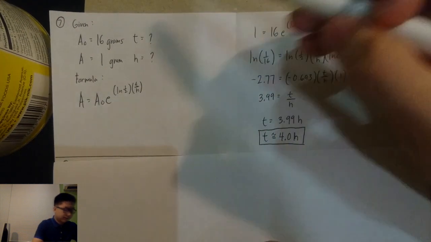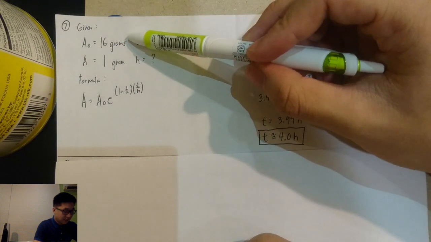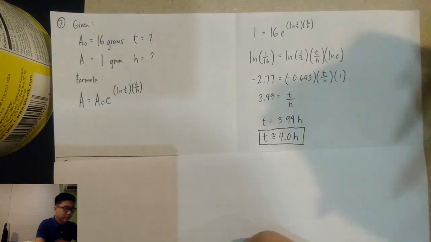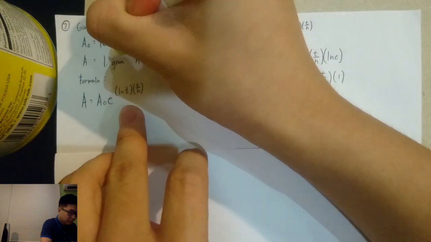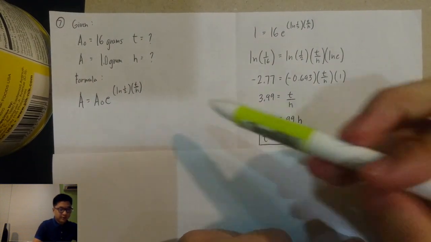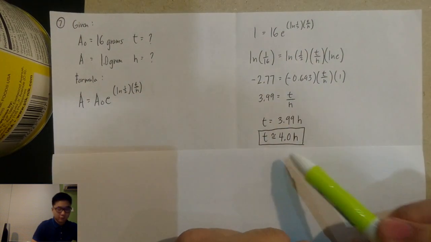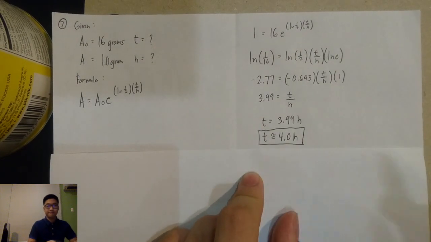And because the given values are 16 grams and 1.0 grams, we have to follow the sig figs rule, and t is approximately equal to 4.0 h. So that is for number 7.